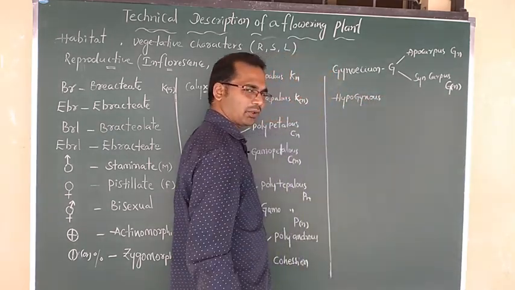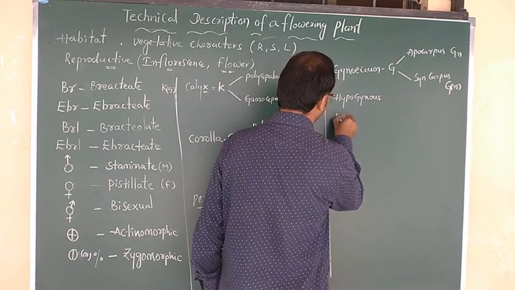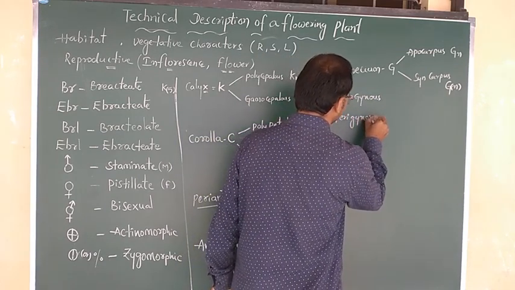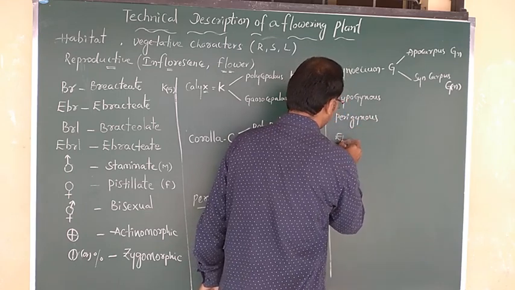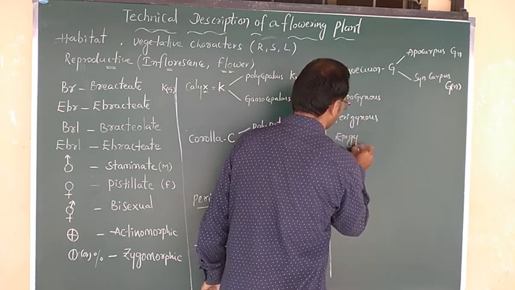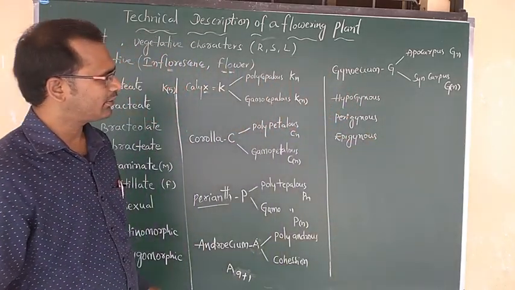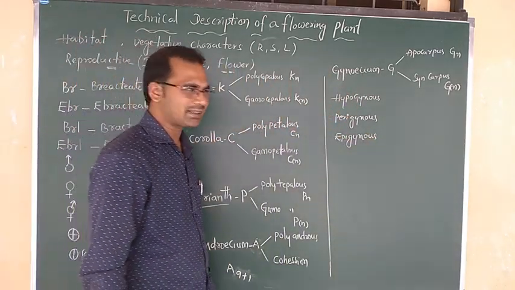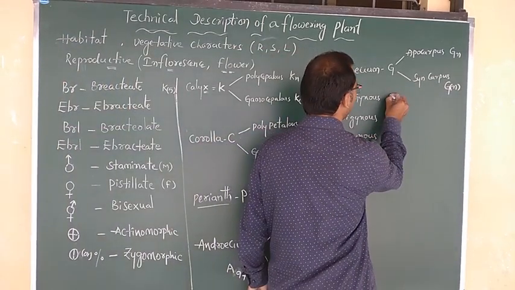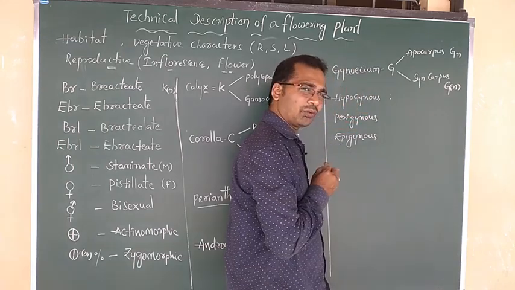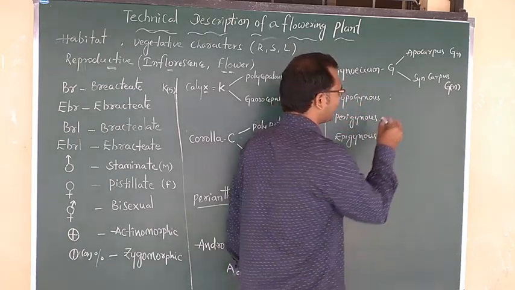One is called hypogynous, the second we call perigynous, the third we call epigynous. So there are three types of flowers: hypogynous, perigynous, epigynous.